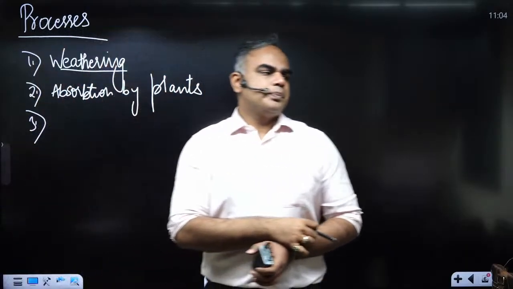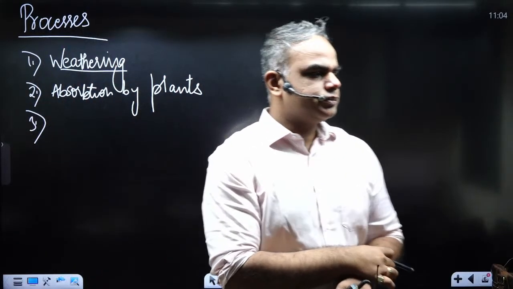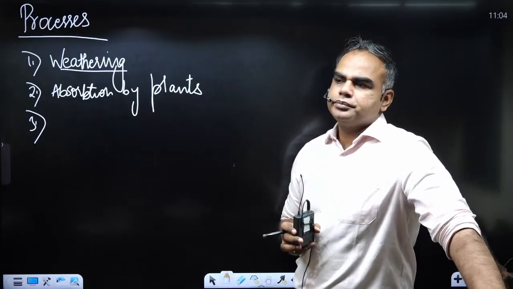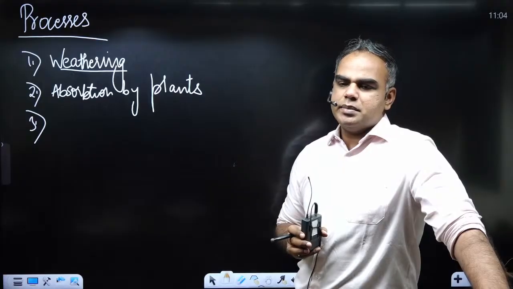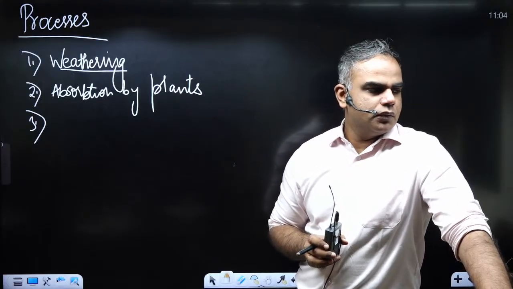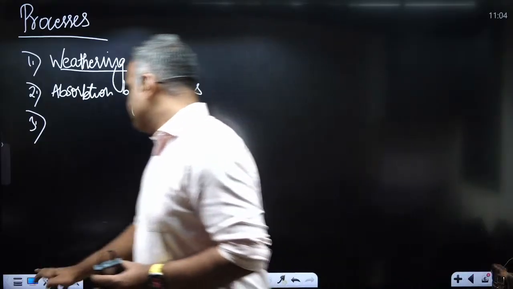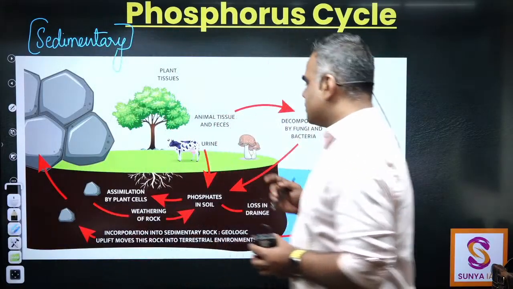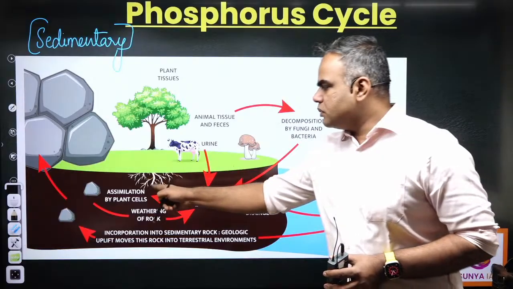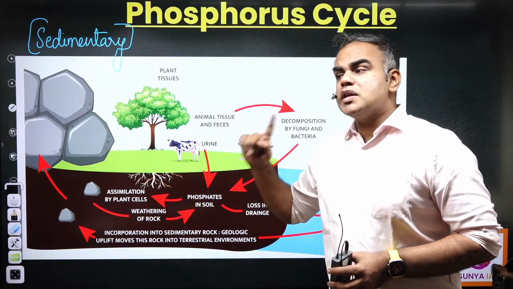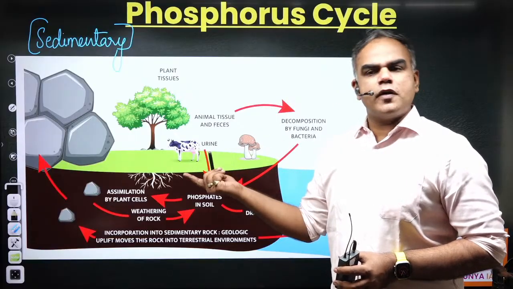Third is consumption and assimilation. Consumption and assimilation. Fourth is decomposition. Now look, whenever I say decomposition, right? Like here, there is assimilation by plants, right? So plants do not just assimilate nitrates; they can also take up phosphates.